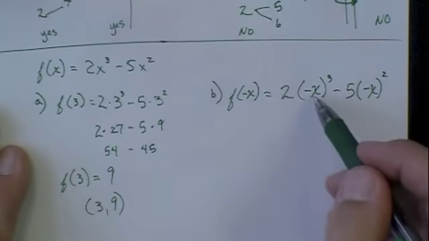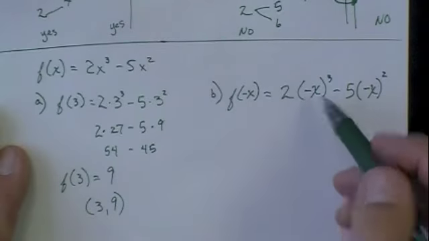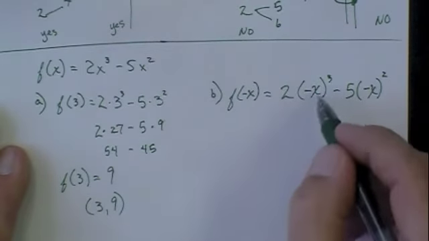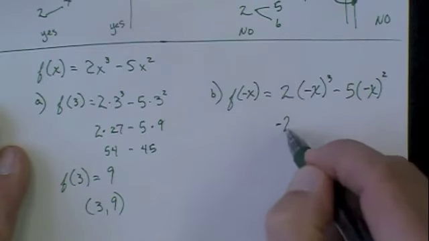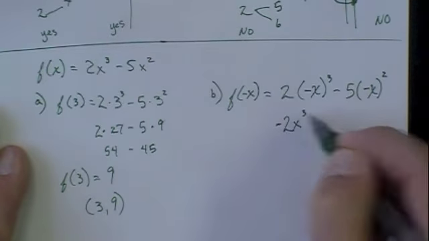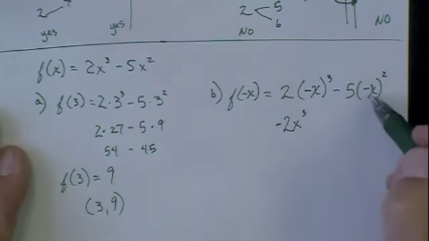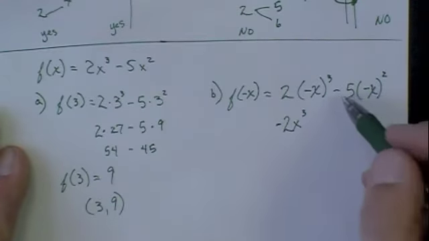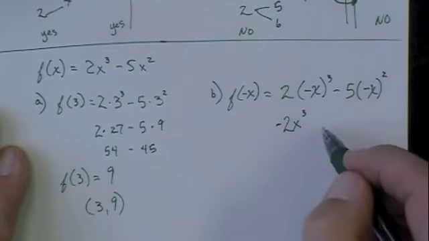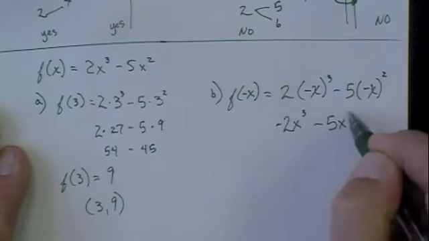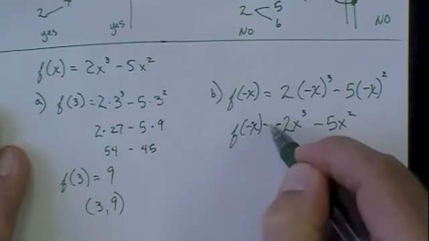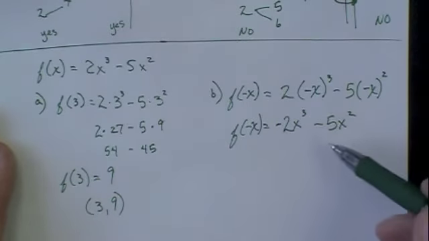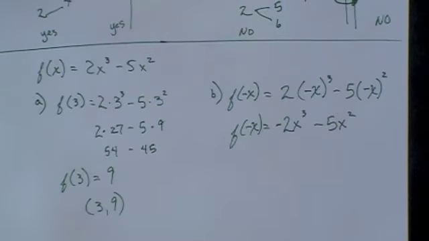Now when we take the opposite of x cubed, we're going to end up with still having the opposite of x. That x is still cubed. So this would give us -2x cubed. And here when we take the opposite of x and we square it, that just gives us x squared. So then we still have the -5 times that, so minus 5x squared. So then f of the opposite of x is equal to -2x cubed minus 5x squared.